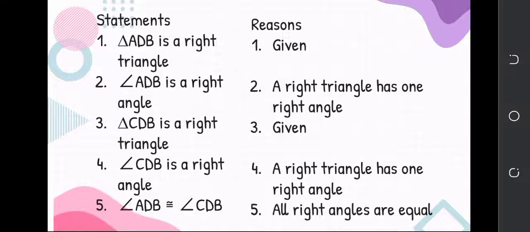Given. Number 4, angle CDB is a right angle. And reason, a right triangle has one right angle. And number 5, angle ADB is congruent to angle CDB because all right angles are equal.